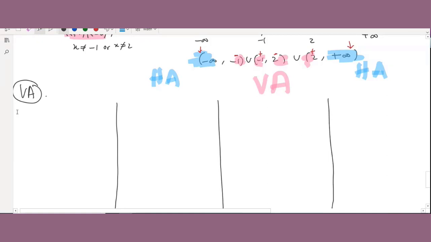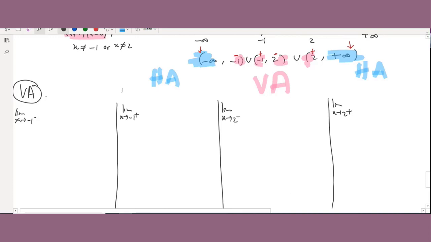Okay, the limit tests: x tends to negative infinity on the left, x approaches negative 1 from the left, x approaches negative 1 from the right, x approaches 2 from the left, x approaches 2 from the right. This is to test whether a vertical asymptote exists or not.